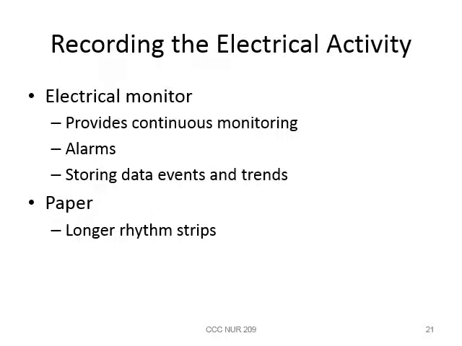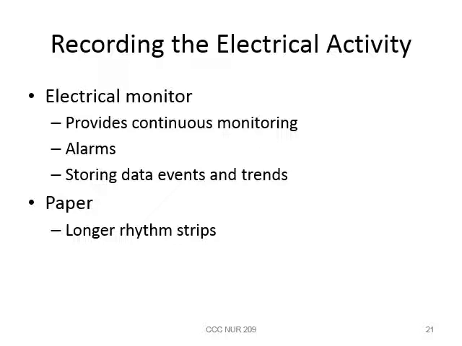Okay, so why do we do this? Why do we monitor the electrical activity of the heart? Well, patients who have disease processes of the heart can have what's called dysrhythmias, irregular or abnormal beats. When we place a patient on an electrical monitor, we can continuously monitor their heart rhythm.